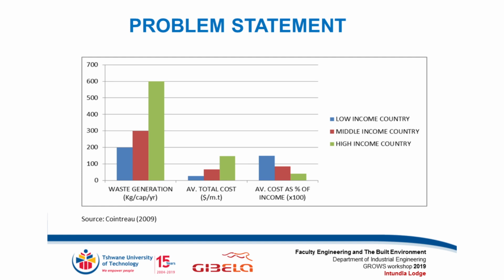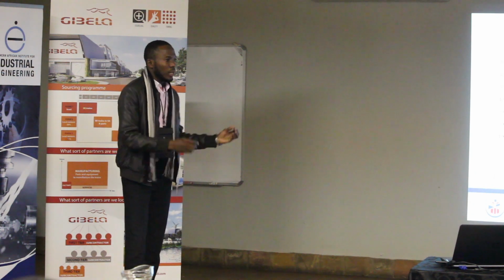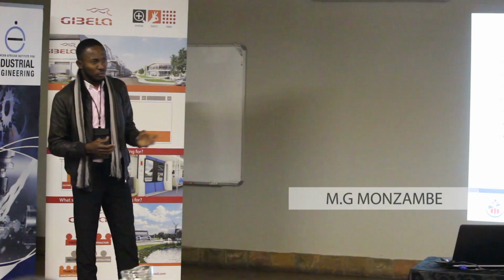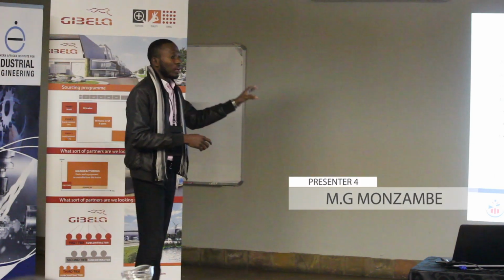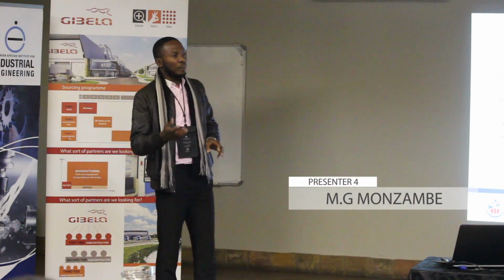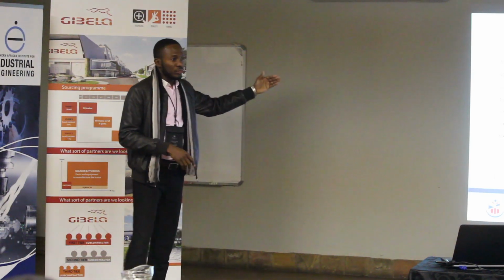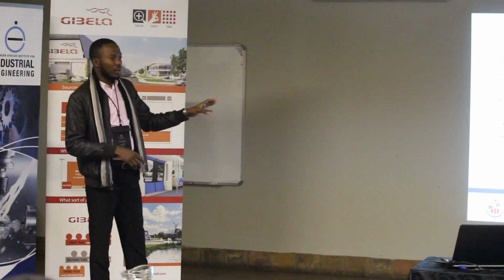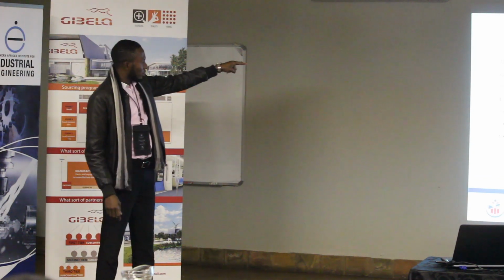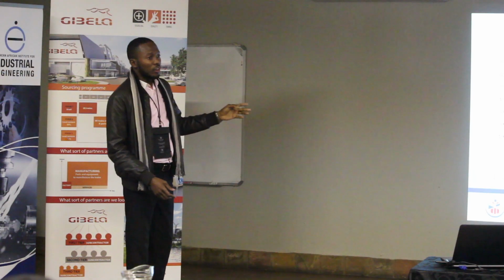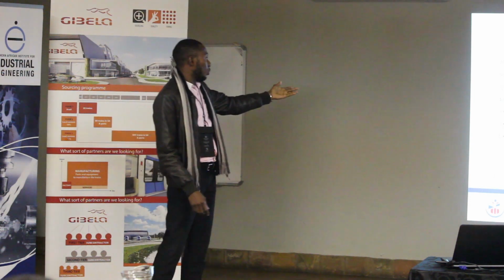This is our problem statement. This graph compares the cost of waste management in cities, comparing low-income countries with high-income countries. On the left, you see the amount of waste that comes from different countries. In green, you see that high-income countries are producing more waste compared to the low-income countries in blue.